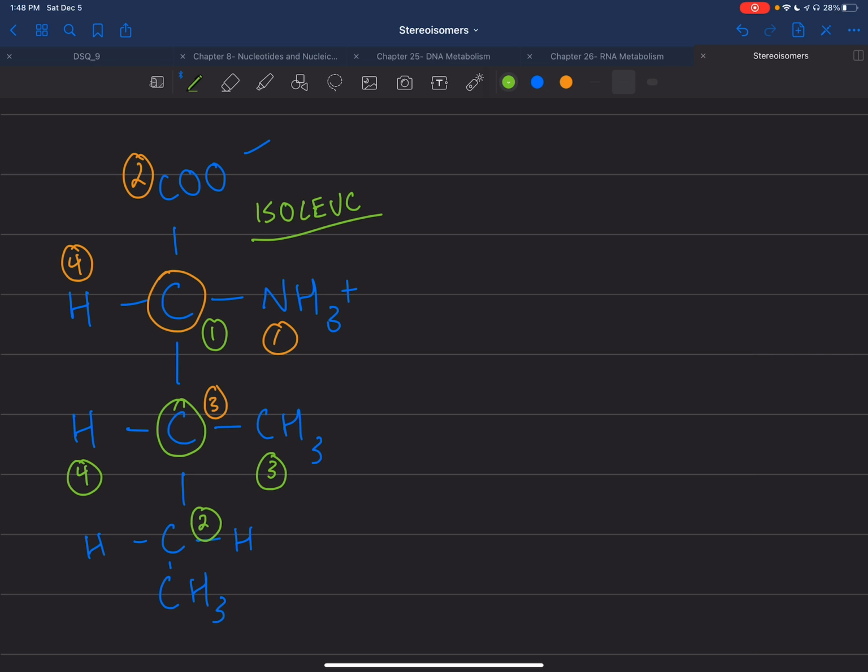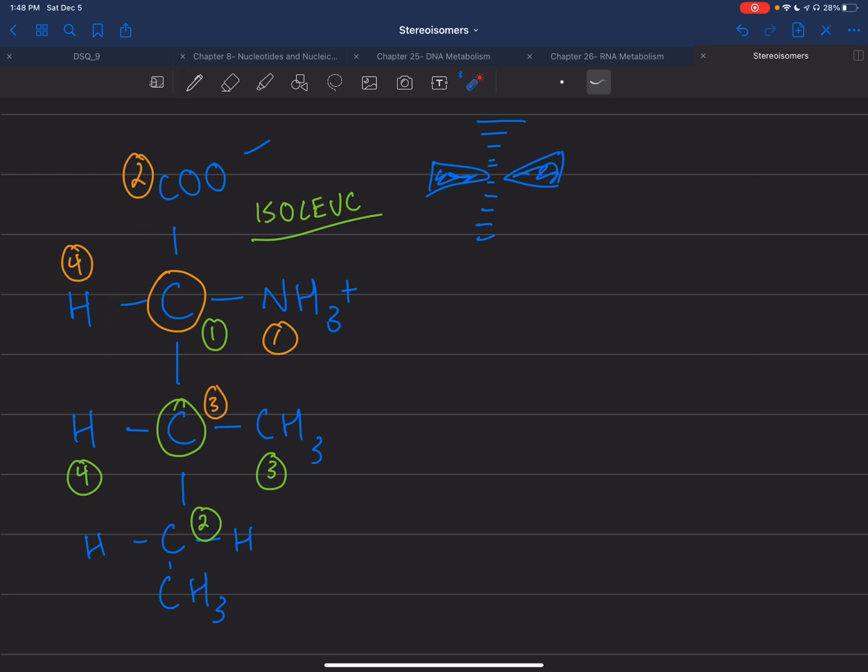Okay, so I'm not going to draw, but just remember that for Fisher, when you're assigning stereochemistry, it's going to look like this. Okay, so if we're going up top here and using our orange numbers for this, it's going to be 1, 2, 3.